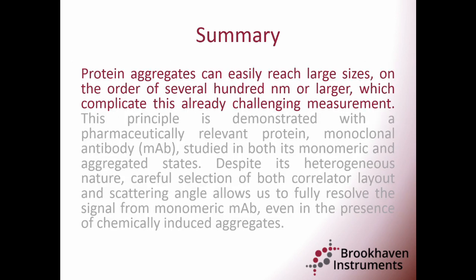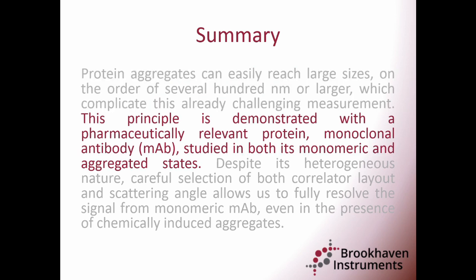In summary, protein aggregates can become gigantic. They can easily reach sizes on the order of hundreds of nanometers or larger, even microns. This can easily complicate an already challenging measurement. But just because it's complicated doesn't mean we can't simplify it. We demonstrated this principle with a pharmaceutically relevant protein, a pharmaceutical grade monoclonal antibody, and we studied it in both monomeric and aggregated states.